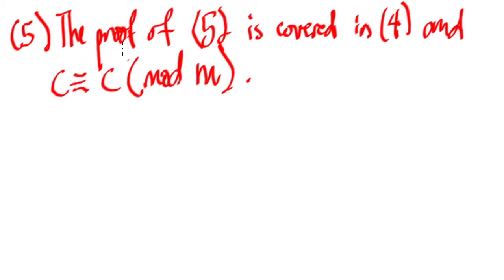So if we put that as a pair to our first statement, A is congruent to B mod M, we can have the proof of number 5, and we don't need to show it here.